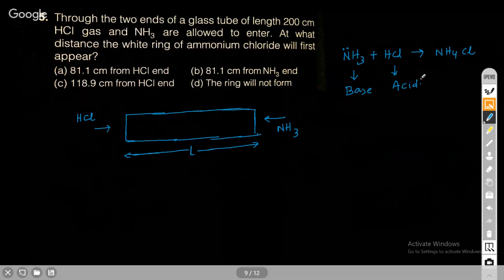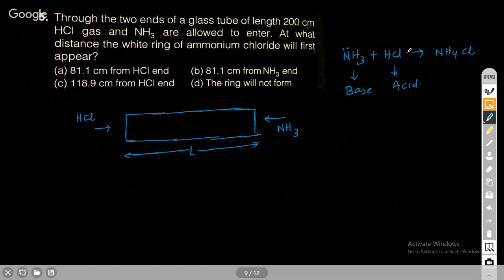So from this example, you can understand that not every acid-base reaction gives you salt plus water. It is not necessary that an acid-base reaction gives you salt plus water only. Acid and base will give salt plus water only when the base contains OH ion and the acid contains H plus ion.